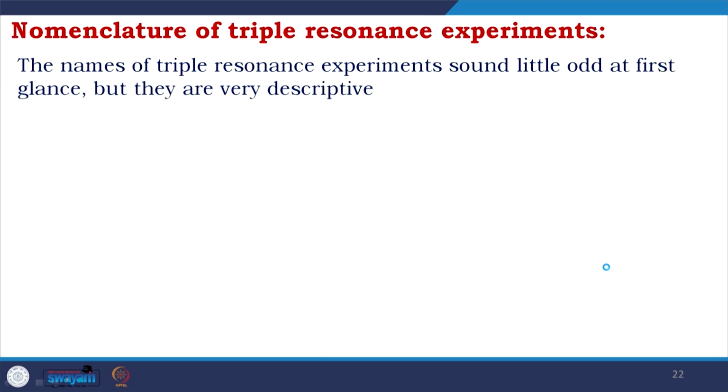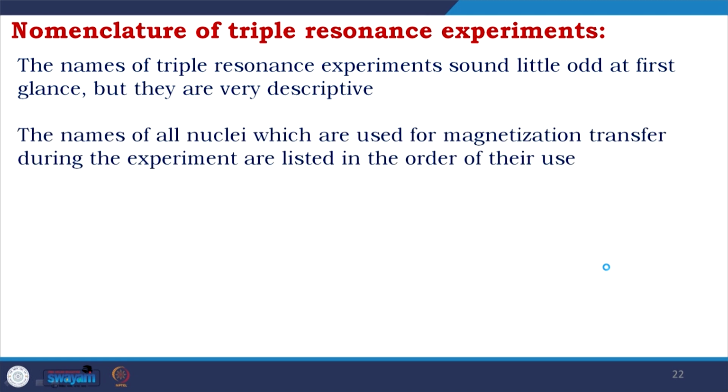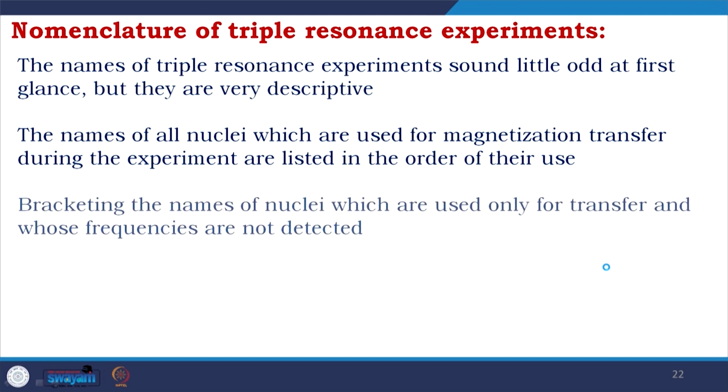Coming to the nomenclature of triple resonance experiments. The names of triple resonance experiments look a little odd at first glance, but they are very descriptive. The names of all nuclei which are used for magnetization transfer during the experiment are listed in the order of their use. The names of nuclei which are used only for transfer and whose frequencies are not detected are bracketed.